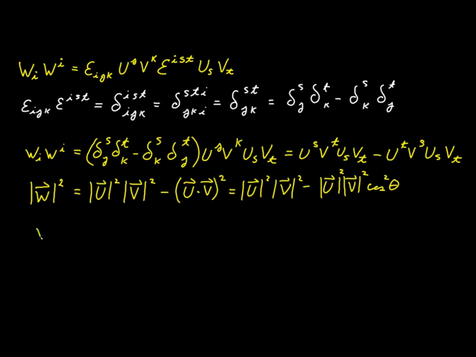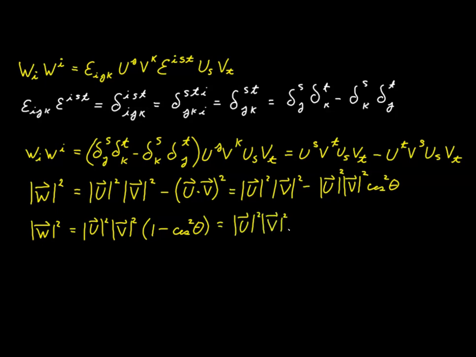Well, we can simplify that. We can factor out these two scalar factors here, magnitude of u squared, magnitude of v squared, times 1 minus the cosine squared of theta, which of course is magnitude of u squared, magnitude of v squared, times the sine squared of theta.